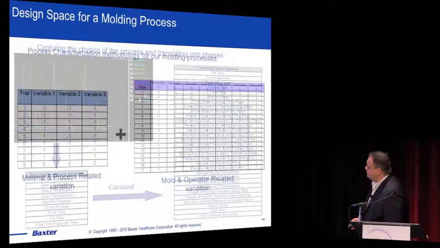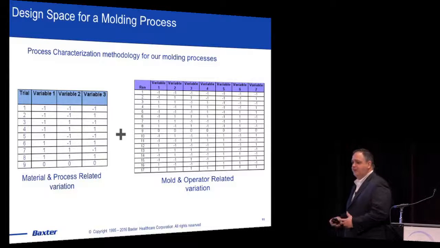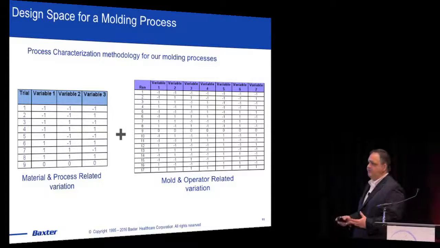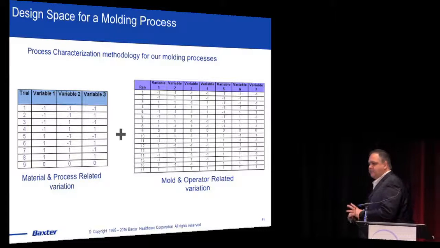Once you have that done, then when we're building our multivariate model, we want to teach it a couple of sets of data. One, we want to say, okay, here's all the variation you would expect to see from your typical raw material and your process, and we want to capture that.